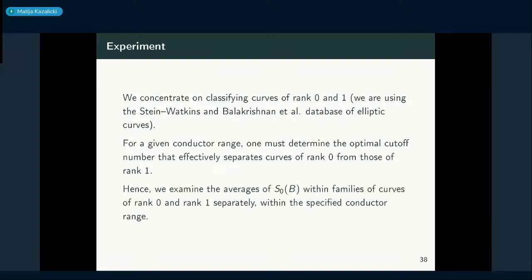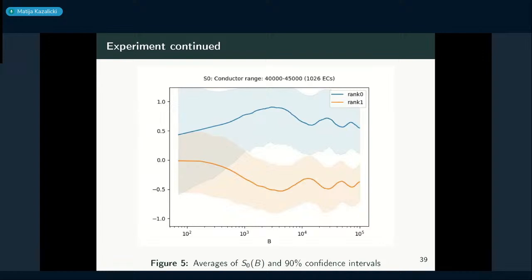So it's natural to examine the averages of these Mestre-Nagel sums within the families of curves of rank 0 and rank 1 separately, of course within a specific conductor range. This is how the picture looks in one particular conductor range, elliptic curves of conductor between 40,000 and 45,000.